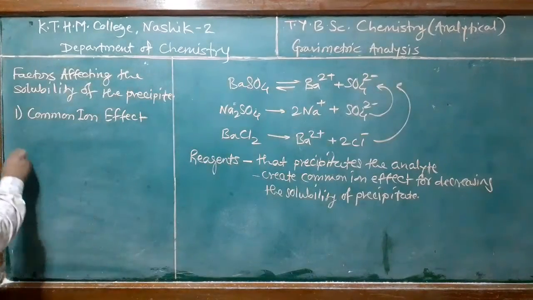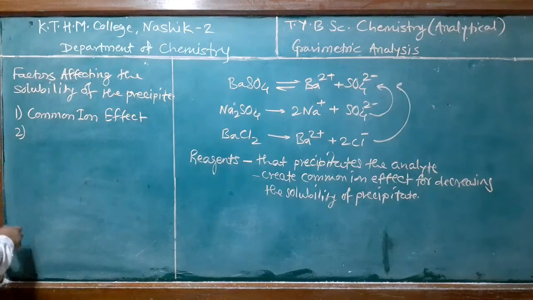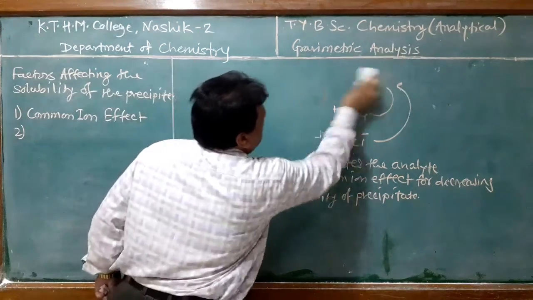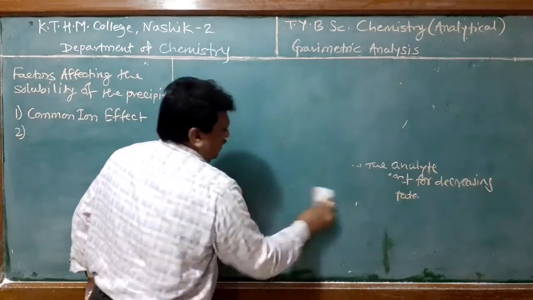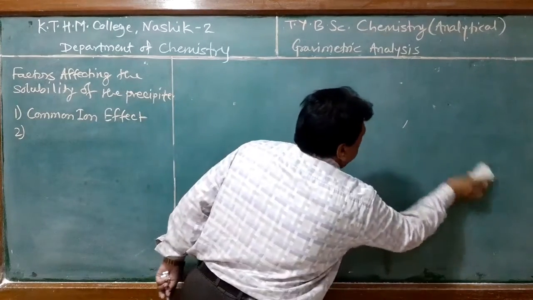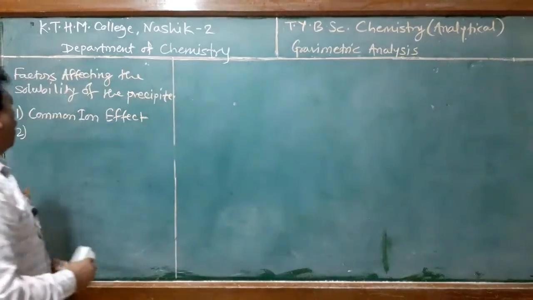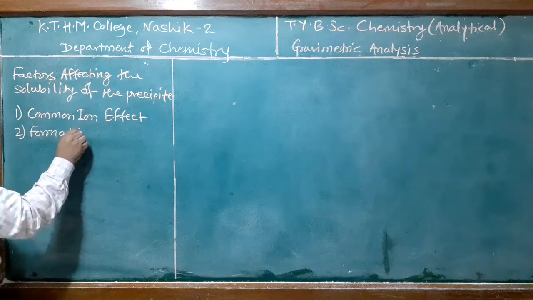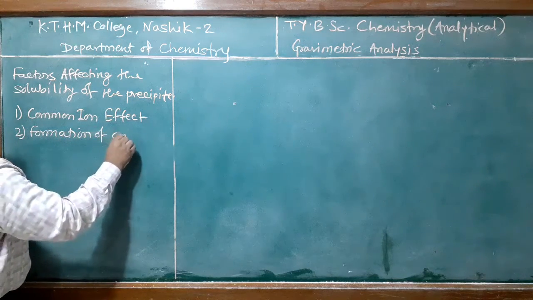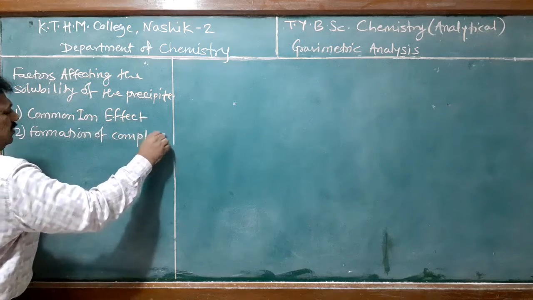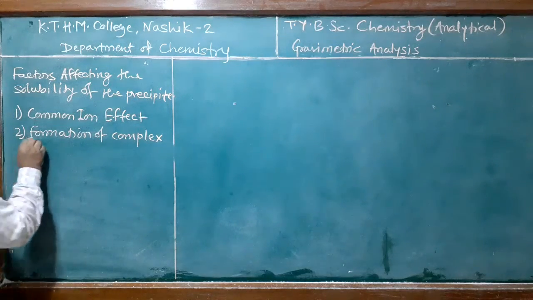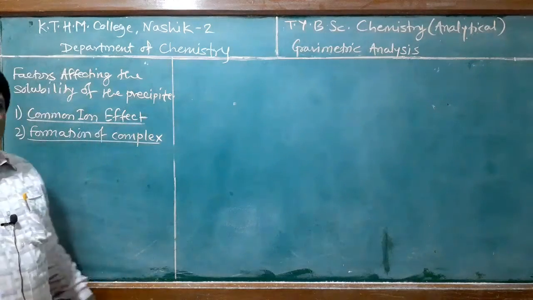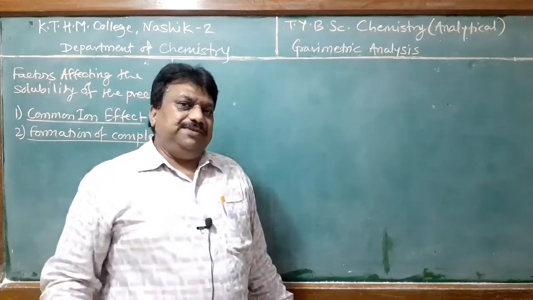Now the second parameter that increases the solubility of a precipitate is the formation of complex ion. Now, the effect of formation of complex ion on the solubility of a precipitate.